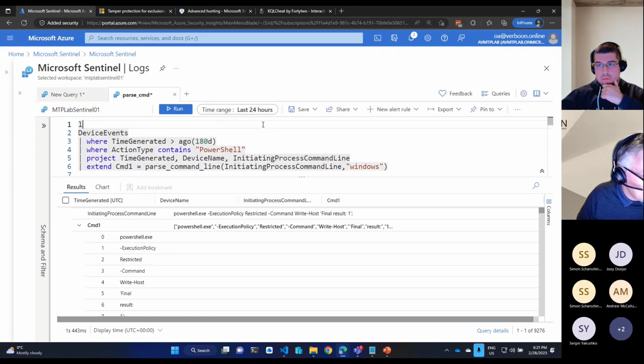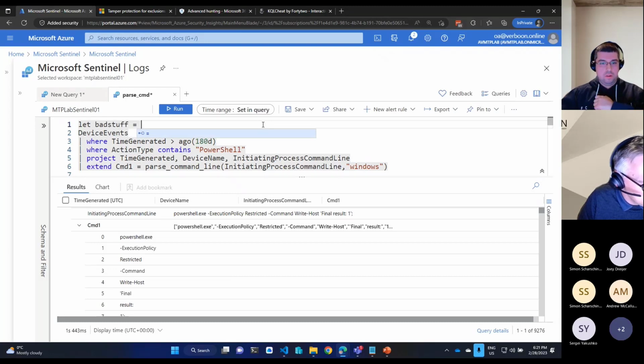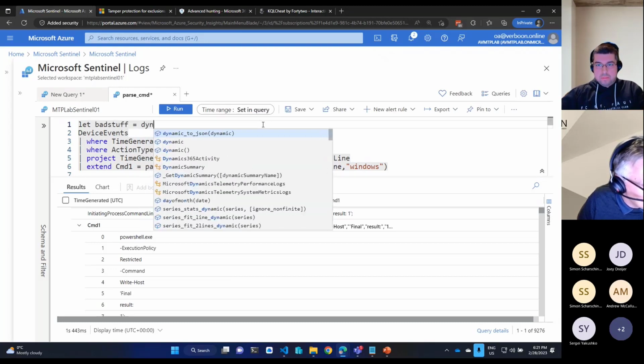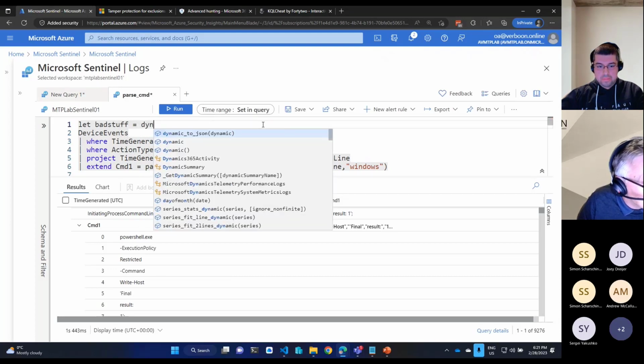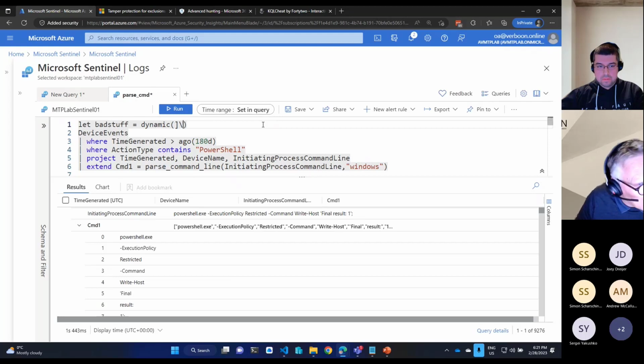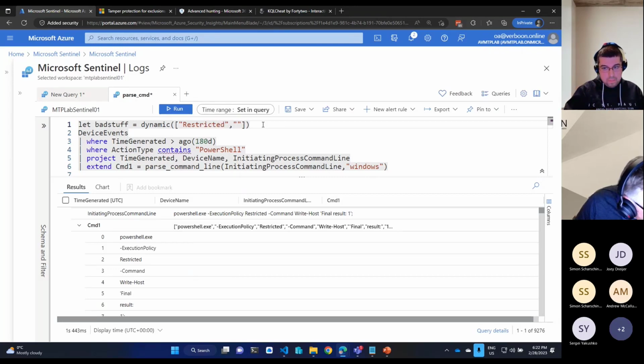If I maybe have a detection query, I could say, okay, let bad stuff equals dynamic. Of course, I could do things like this. And I could say, okay, restricted, and maybe execution policy.